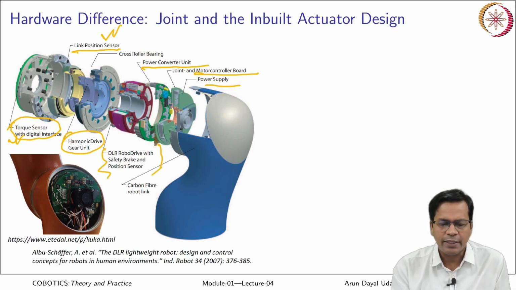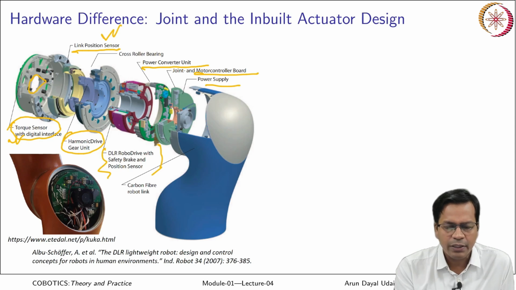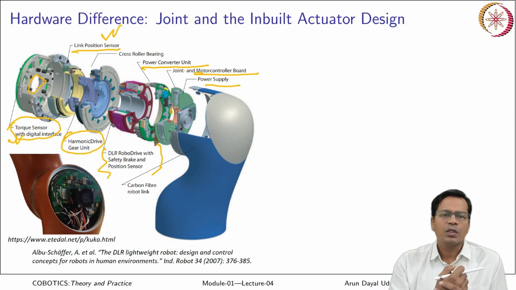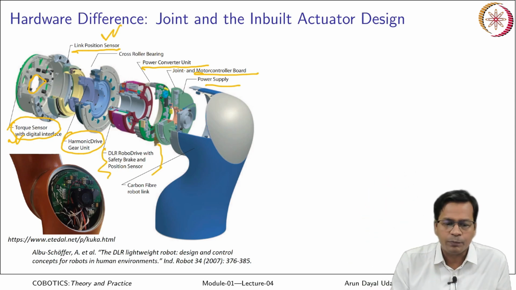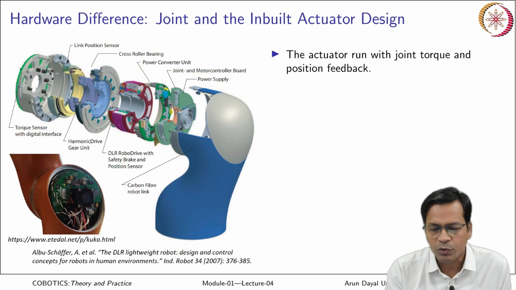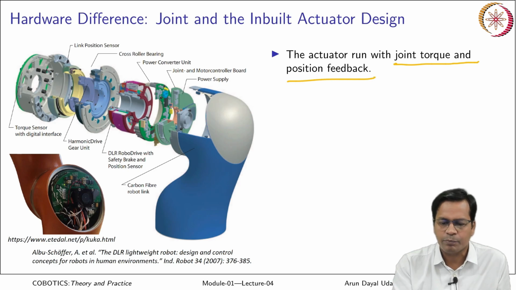So whole of this set also, you see it is center hollow, so that you can pass through the wires from within. All the wires pass through from within the robot arm. So this is the beauty of having such a nice actuator. This actuator can run with joint torque and position feedback both.